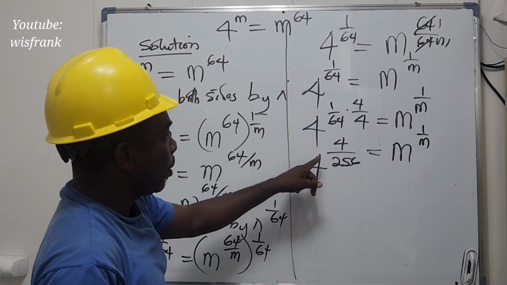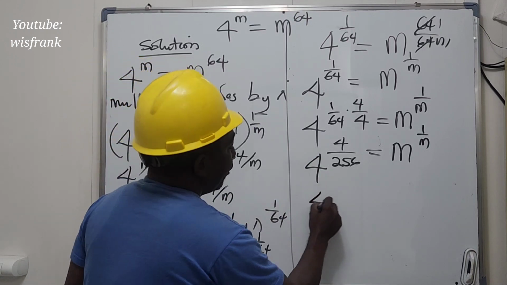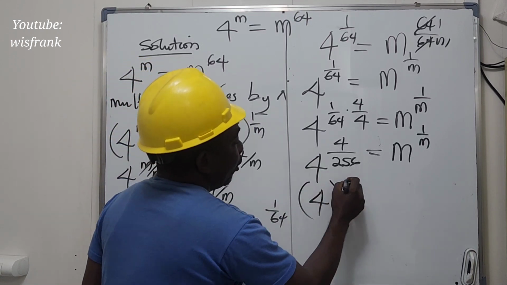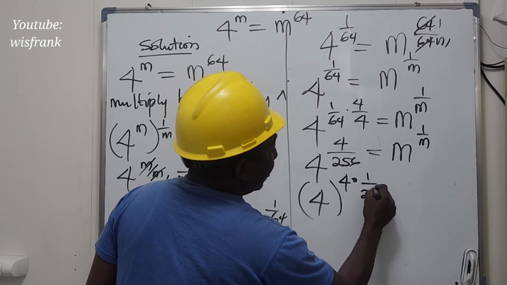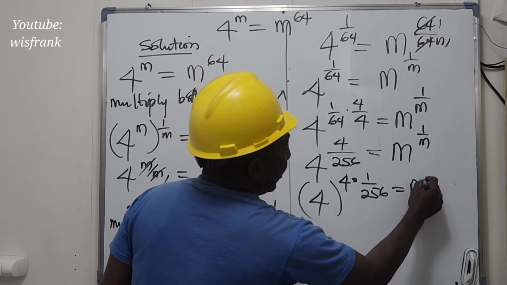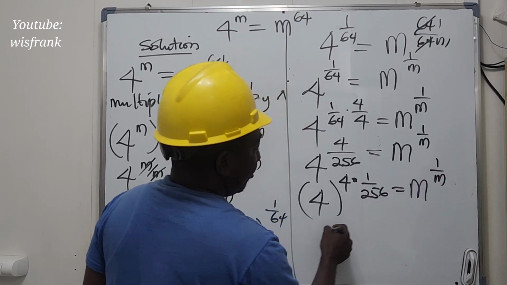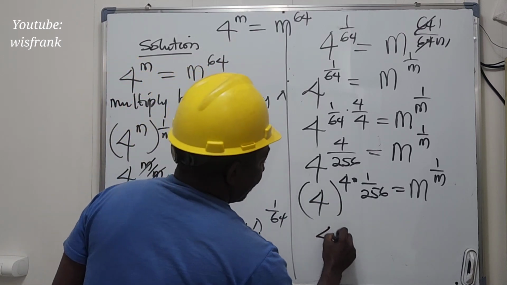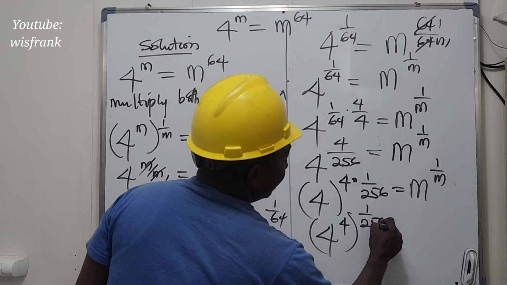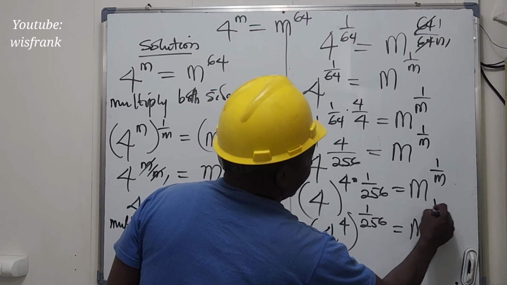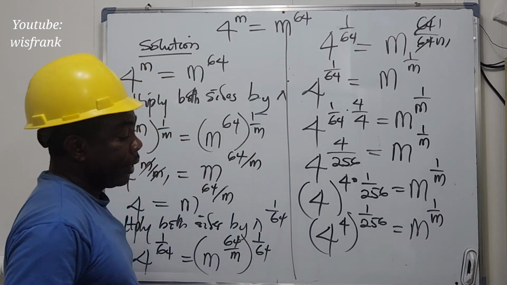So in this case, we can rewrite this as 4 all to the power of 4 times 1 over 256 equals m to the power of 1 over m. This can be written as 4 to the power of 4, all to the power of 1 over 256, equals m to the power of 1 over m.